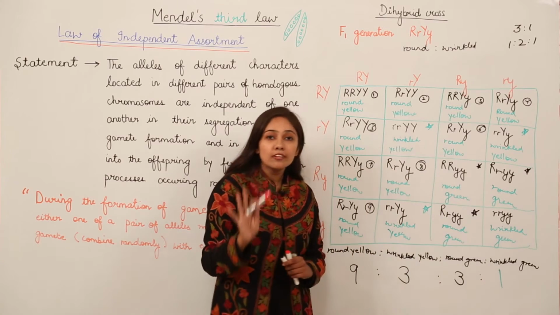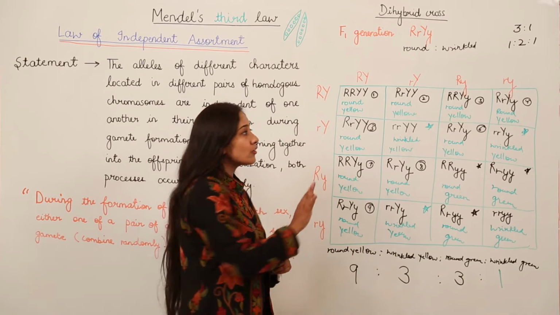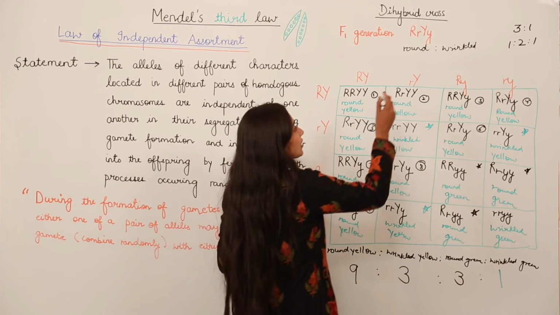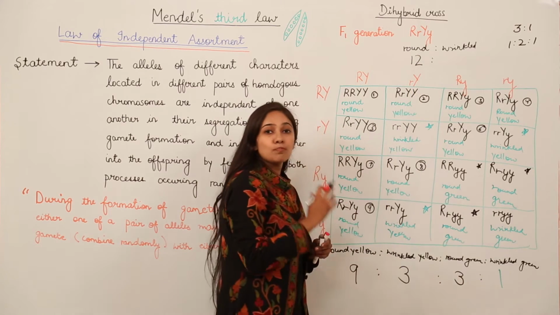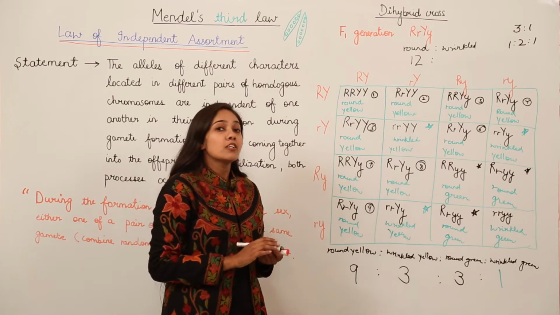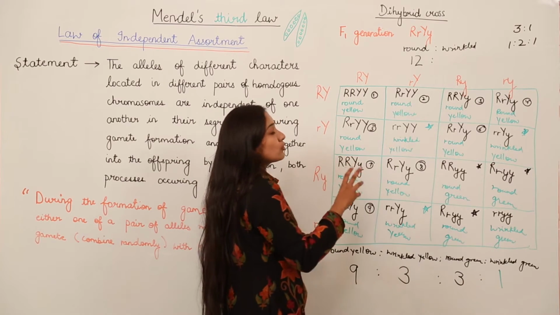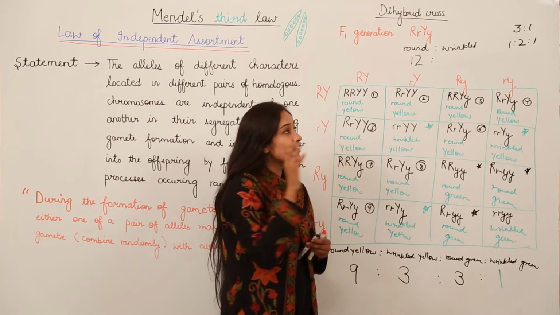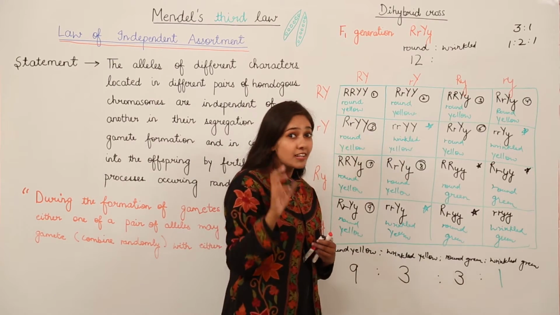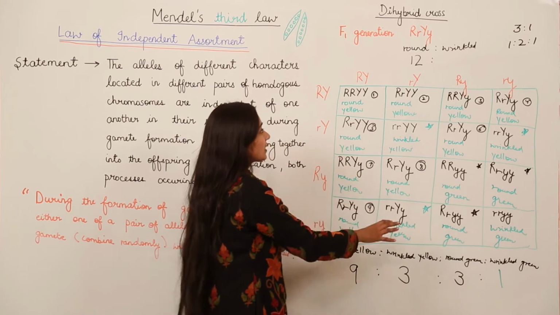So we have 12 combinations out of the 16 that are going to be round from the outer appearance, meaning superficially, when you look at them, 12 out of the 16 are going to have a round seed shape. Remember, I am going to tell you something that is going to be very amazing, so please look forward to it.